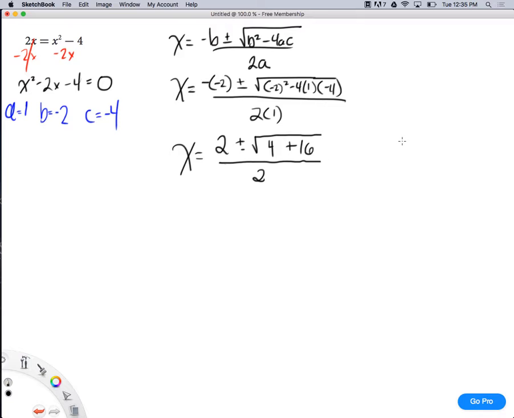Okay, so I just simplified, and I moved it forward one step. Then I go ahead and do the same thing again. Simplify: plus or minus the square root of 4 plus 16 is 20, all over 2. Okay. Now, before I go on, let me stop there.